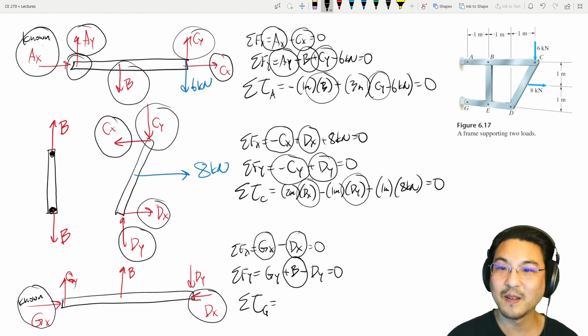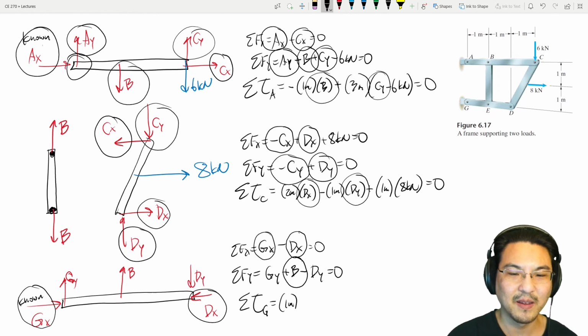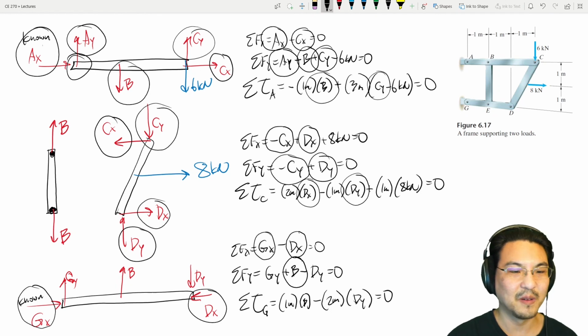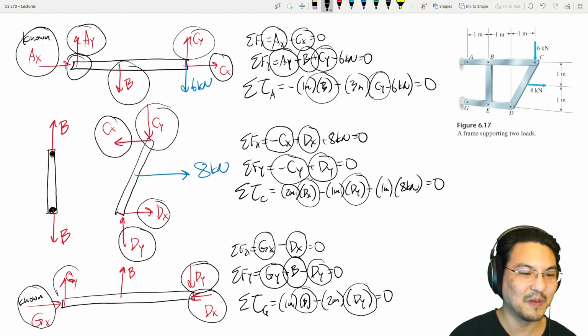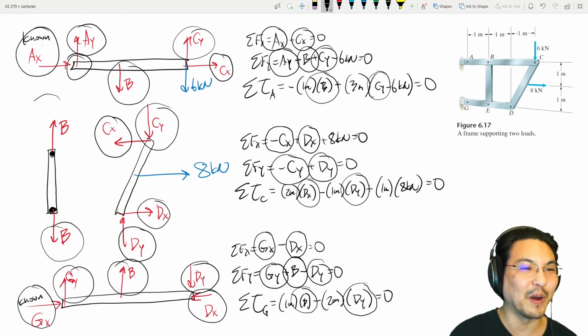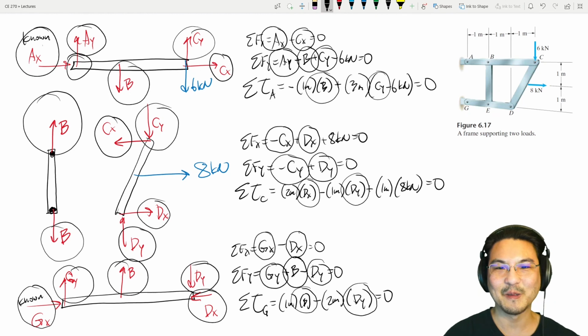Then there would be torque, let's see, that would be positive 1 meter times B, and then negative 2 meters times dy. Since we already know B, then right here, it's easy to just solve for dy, and then plug that in right here, and then solve for gy. Now we know everything, everywhere, right?